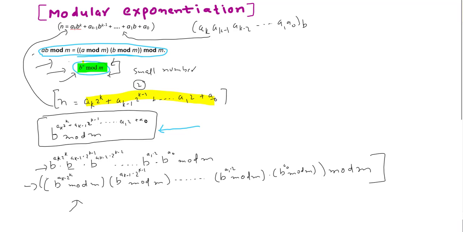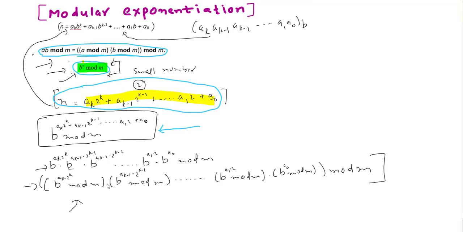Then n, which is the power of b in this expression, would be something like this. And then we'll be using certain corollaries and make this entire calculation very easy.